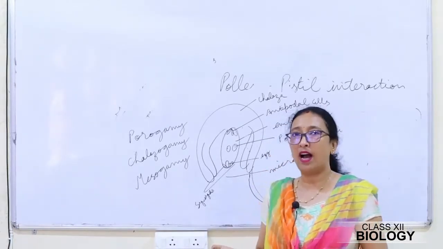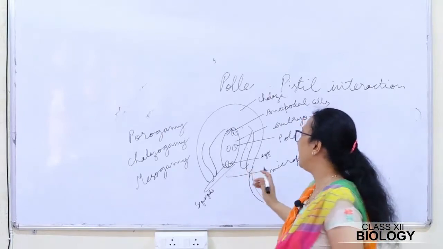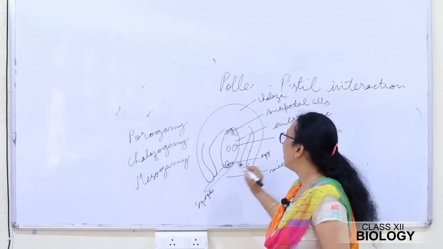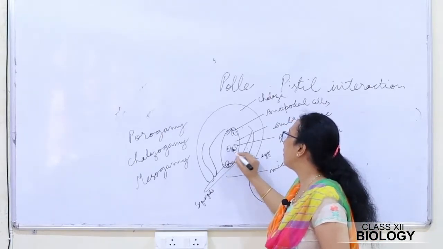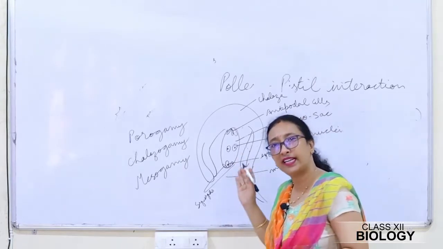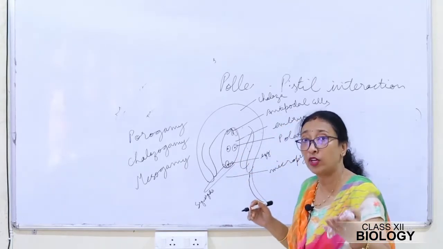After all, it will come and fertilize the egg, and it will form the endosperm with the secondary nucleus, the polar nuclei, which we have already seen.